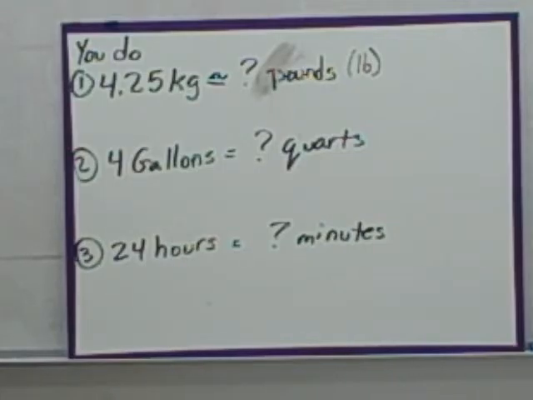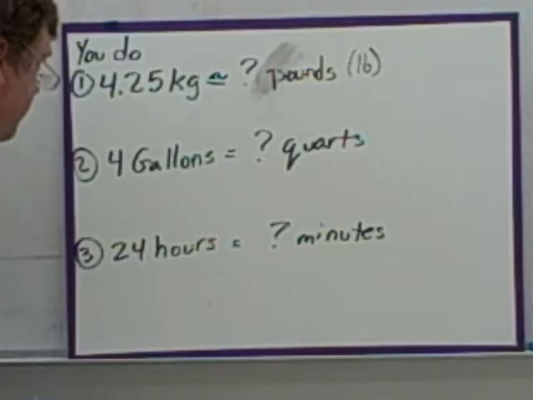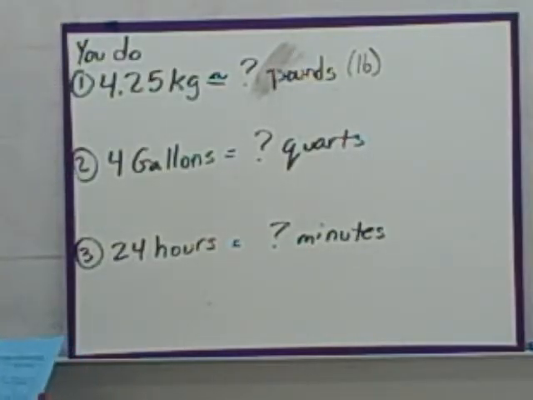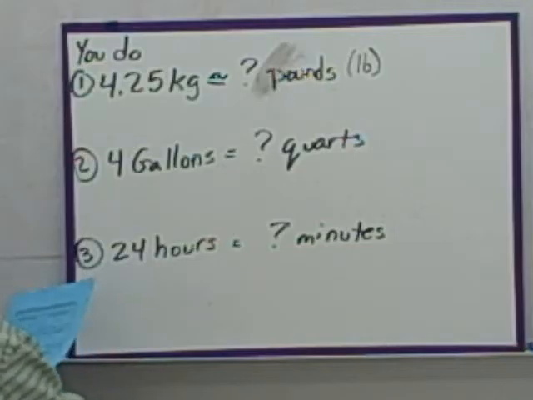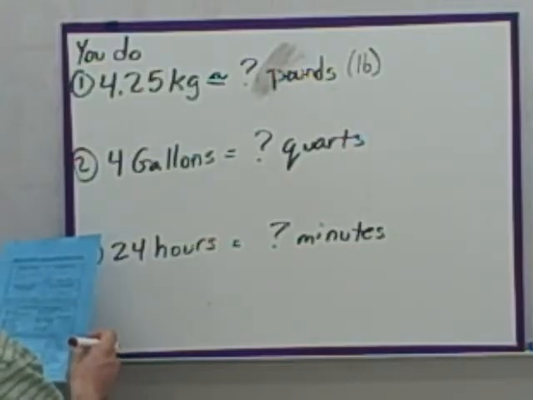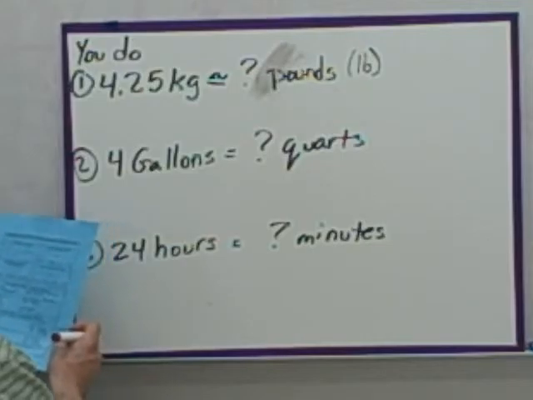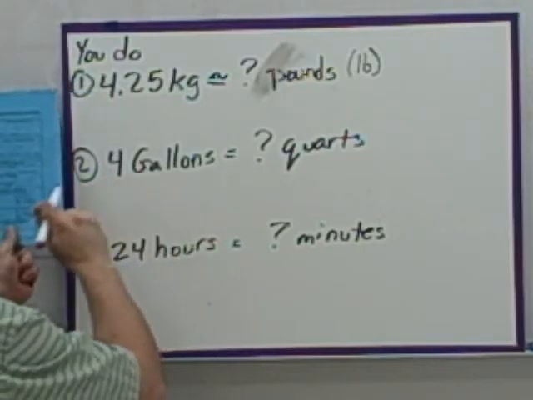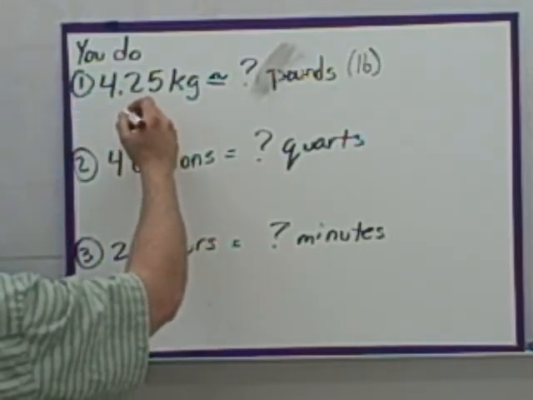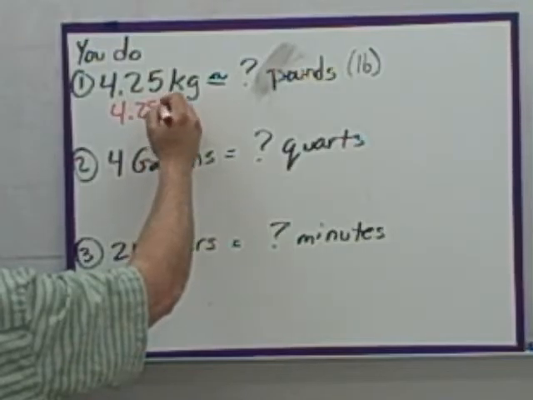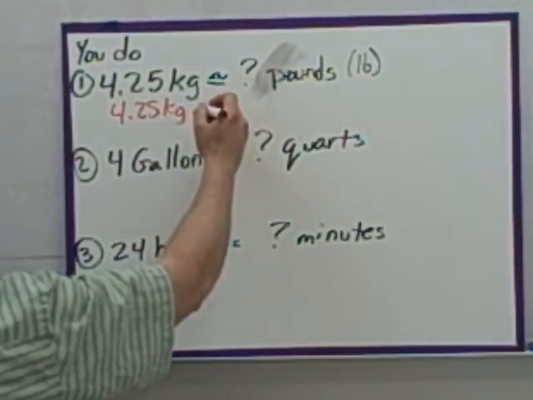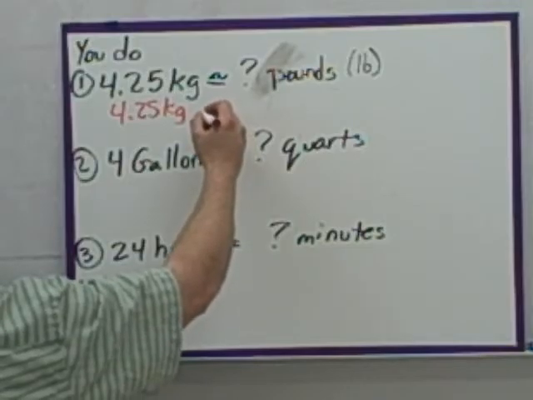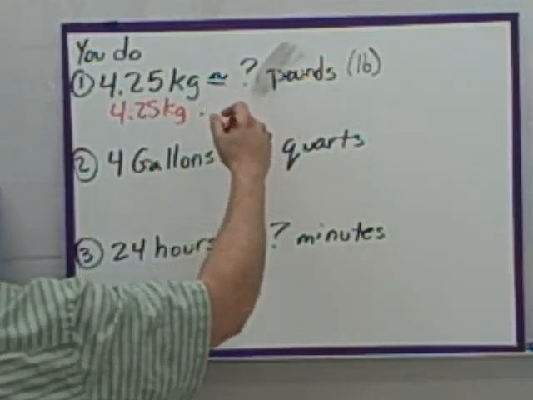4.25 kilograms is equal to how many pounds? Well, for that, we need to convert kilograms to pounds. On the FCAT reference sheet, down here it says 1 kilogram is equal to 2.204 pounds. So we're going to take the 4.25 kilograms and multiply that by, well, I want the kilograms on the bottom, right?